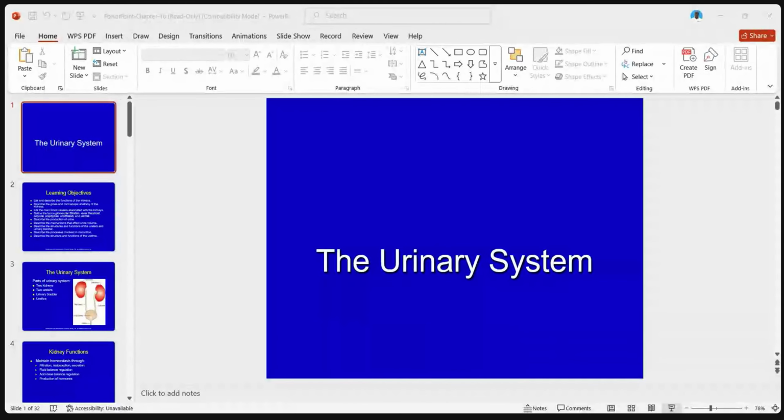So having said that, this is the anatomical orientation of the urinary tract system. We are starting with the kidneys. So we have the right and the left kidneys. Of course, you can see them. The kidneys are bean shaped.